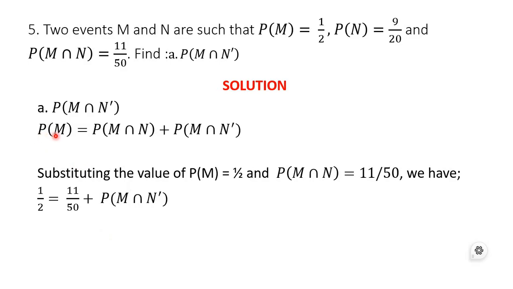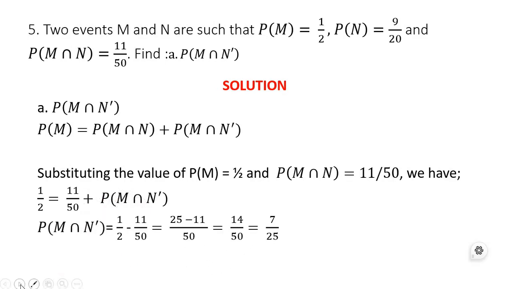So we know the probability of M and that of M intersection N. Okay, we substitute, we have 1 over 2 equals 11 over 50 plus the probability we are looking for, which is M intersection N complement.